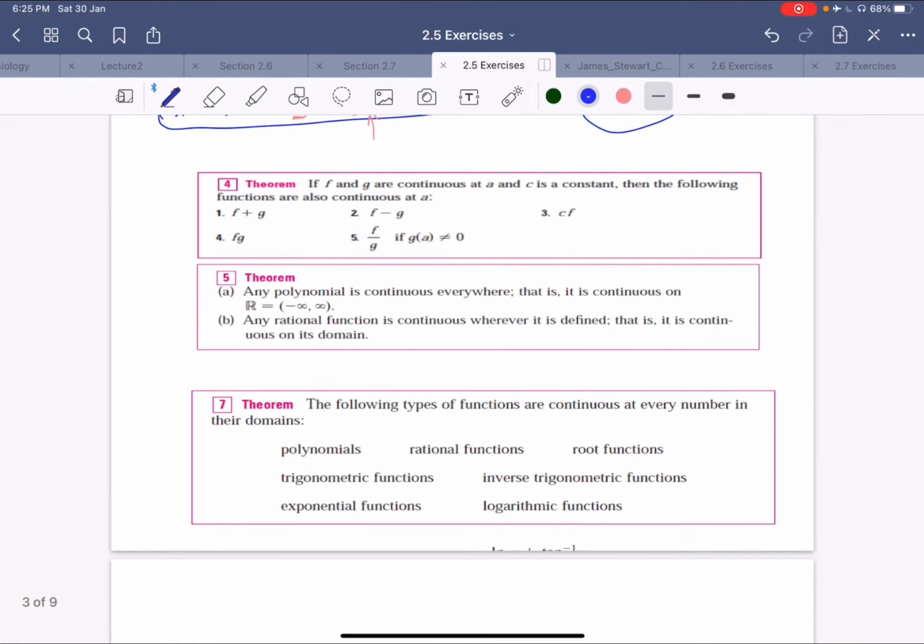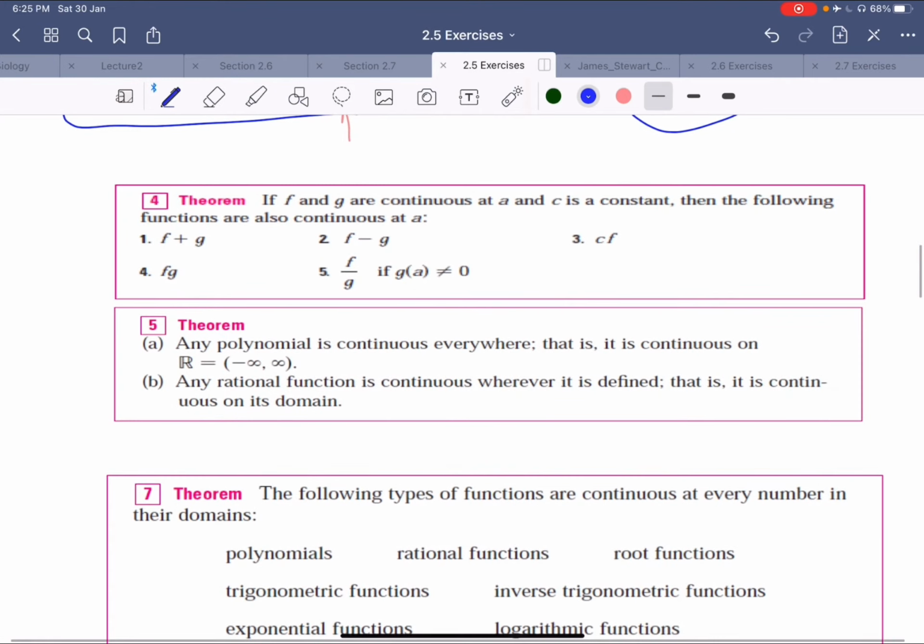So we have now theorem 4, 5, and 7. Theorem 4 إذا كانت f x and g x continuous at a and c is a constant, then the following functions are also continuous at a.